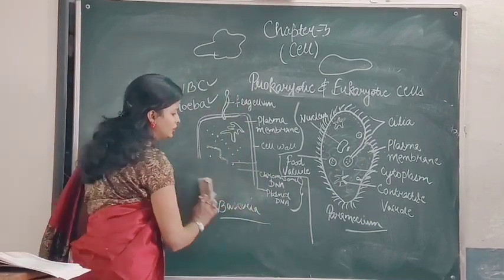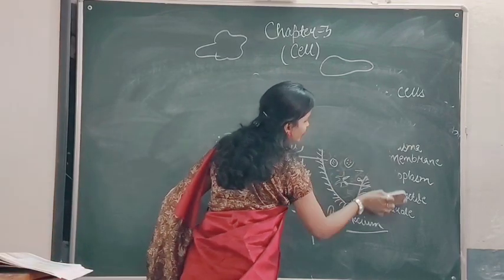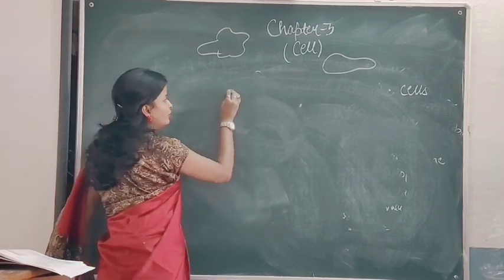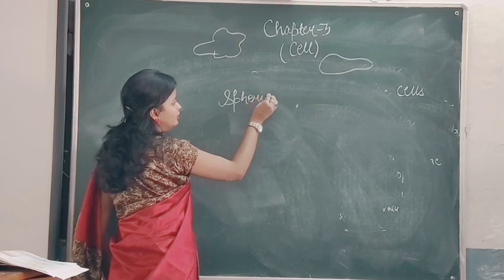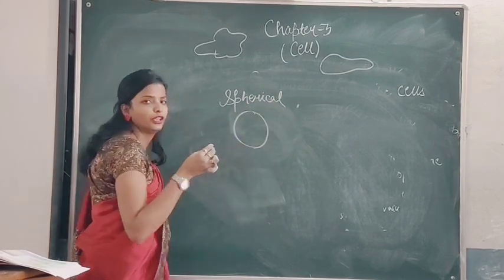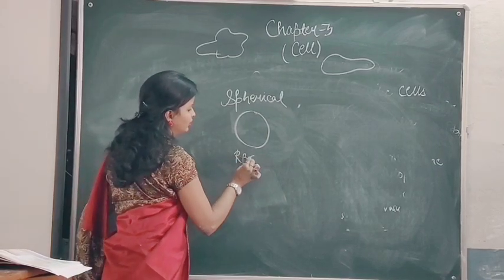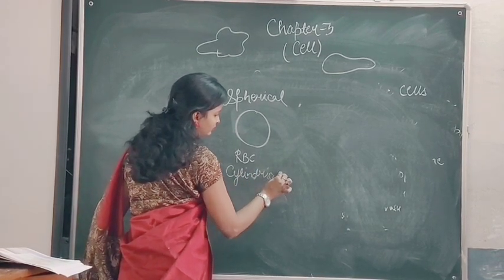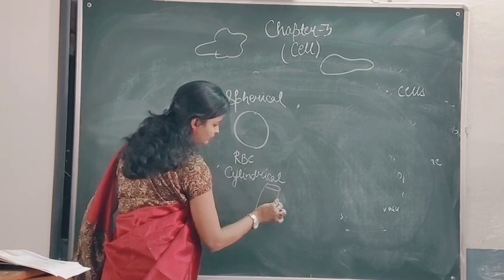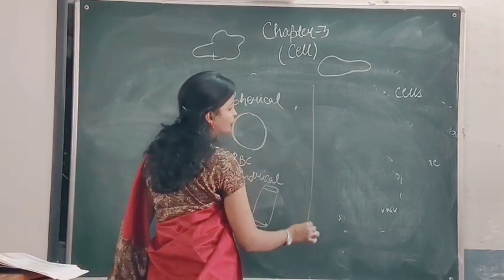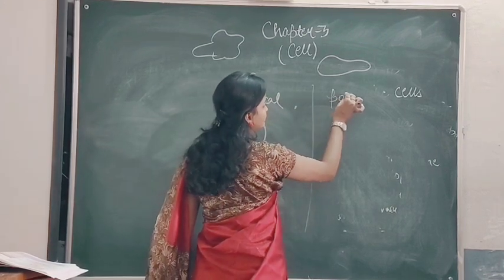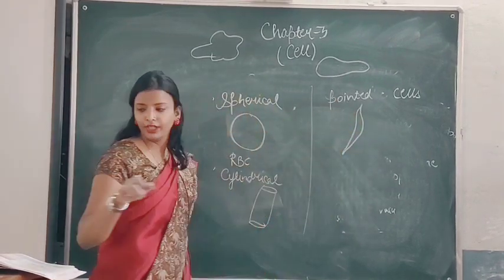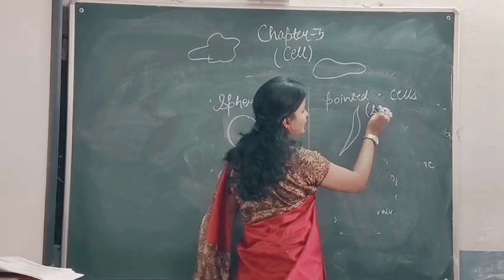Now, when you talk about shapes, cells are of various types. They are cylindrical, long, spherical. The first one is spherical, somewhat like this, as in the case of RBCs. Then cylindrical. Then some are pointed at the ends, or spindle shaped.